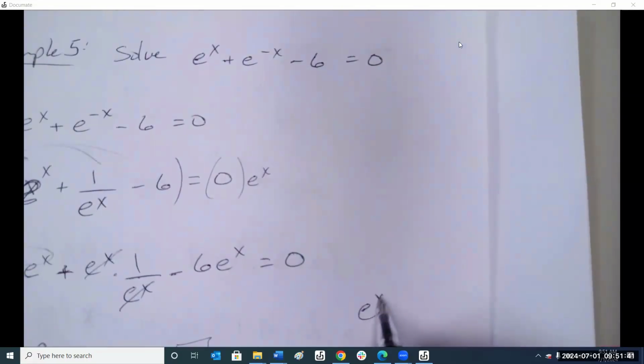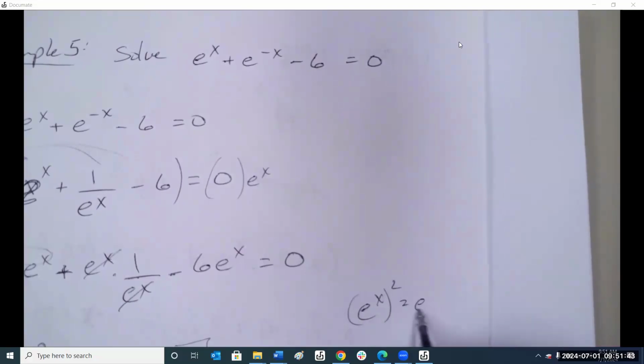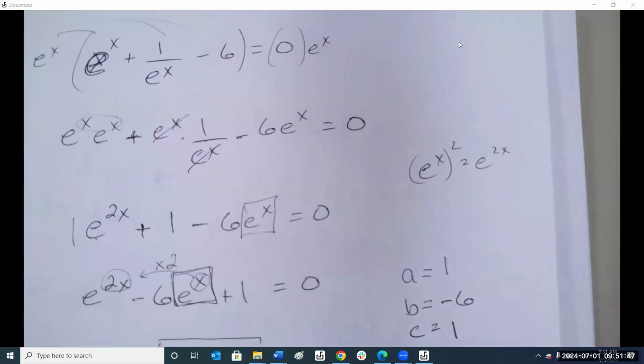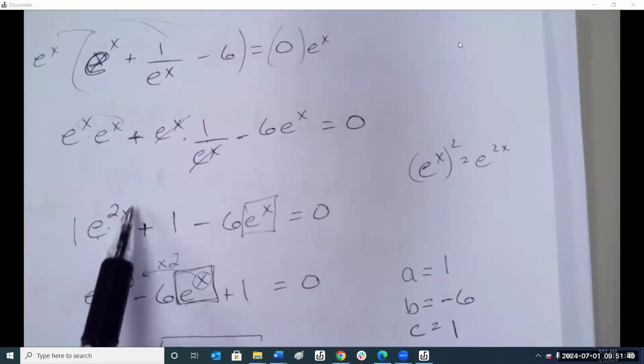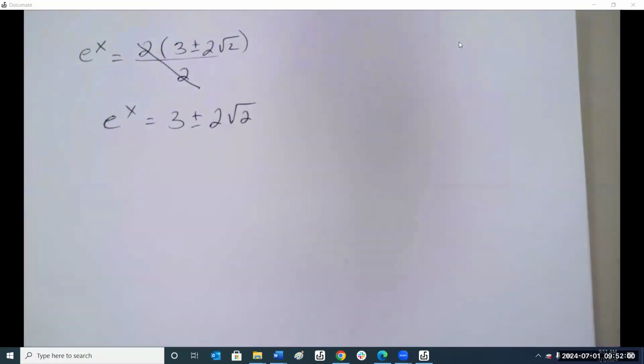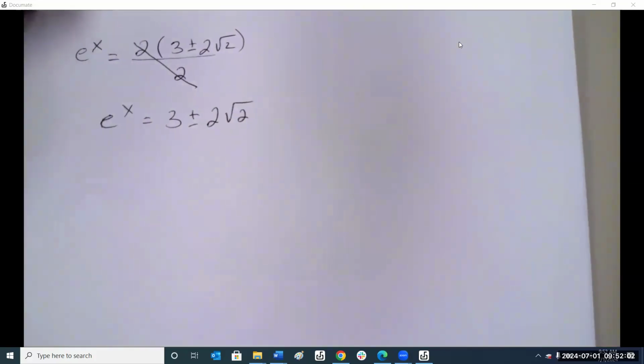E to the x squared is e to the power 2x. So that is e to the x squared. It's part of the equation, yeah.